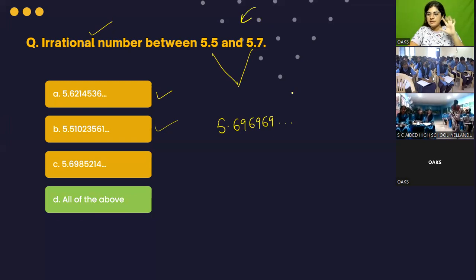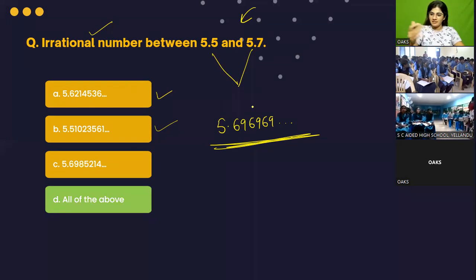I just want to ask the first boy in school 1 that is sitting in front of me, can you hold the mic and tell me, is this an irrational number between 5.5 and 5.7? The teacher, can you please help me, kindly hand over the mic to him, or he can stand up and walk in front of the laptop and tell me.